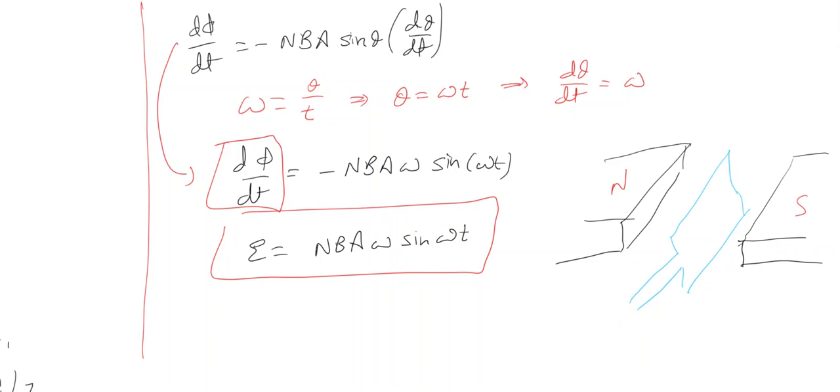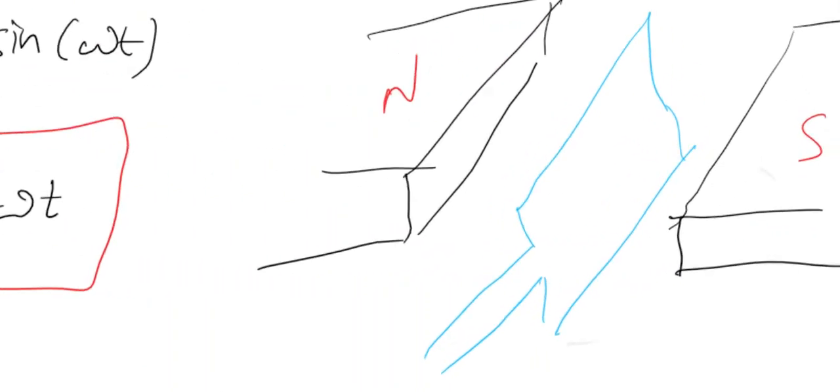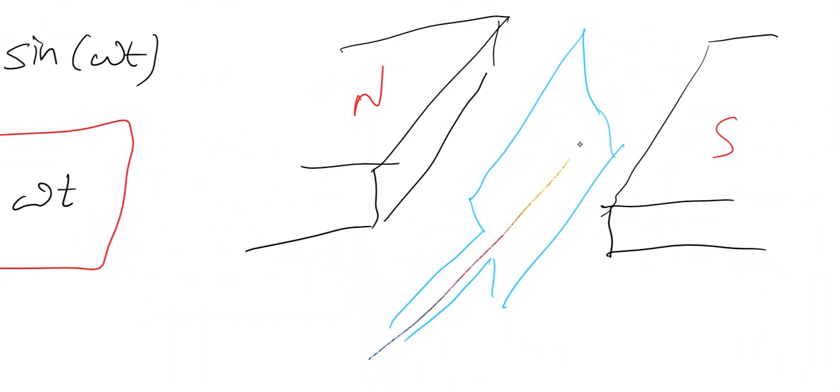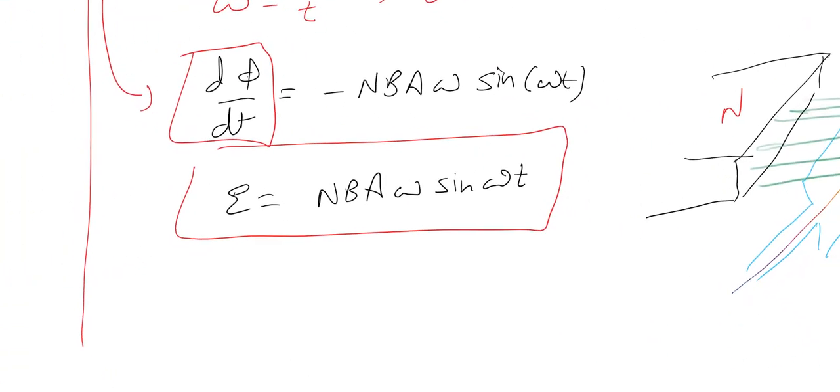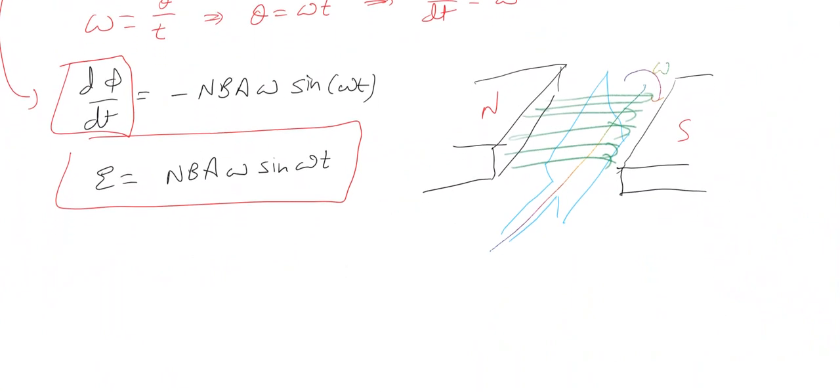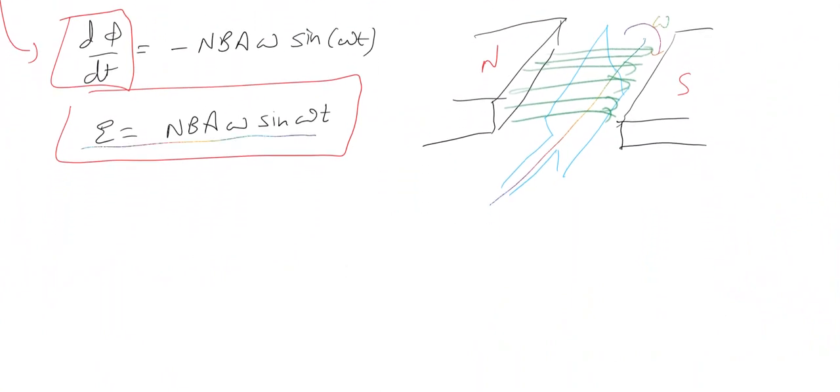Now if you rotate this coil about its axis, what you are changing is the flux of field lines passing through this coil. The speed of rotation is denoted by omega, and this expression gives us how much voltage will be produced.